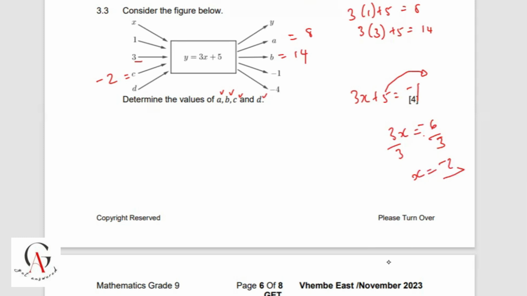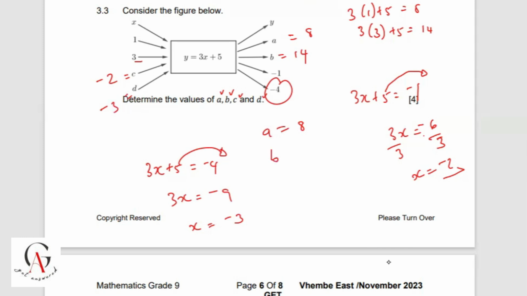Same applies with D, which is negative 4. So 3x plus 5 is negative 4. When I move that side, 3x becomes negative 9. Divide both sides by 3. That's negative 3. So which means A is 8, B is 14, C is negative 2, D is negative 3.